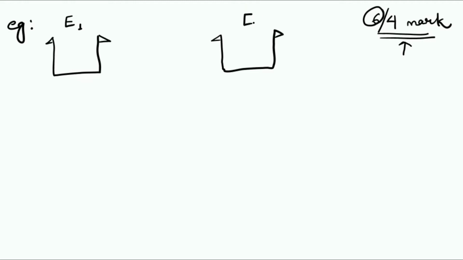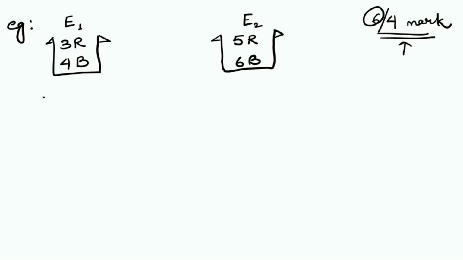So if I have two bags, E1 and E2, suppose E1 is the event of selecting this bag and E2 is the event of selecting this bag. Suppose this bag has 3 red balls and 4 black balls. Similarly this has 5 red balls and 6 black balls.